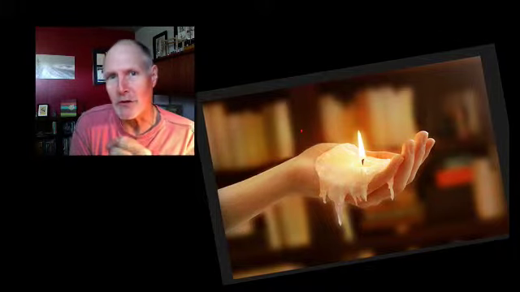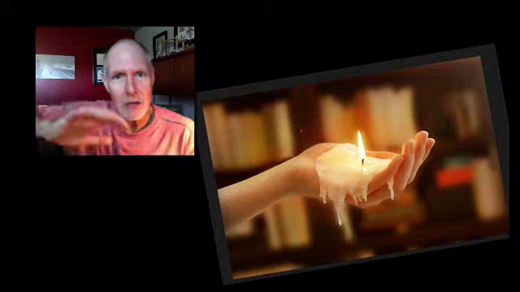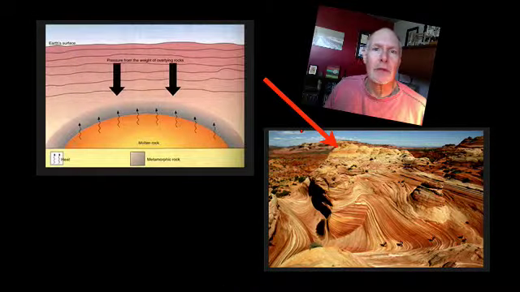You probably, if you've ever gone to a Christmas Eve candlelight service and you're sitting there in the sermon and you've got this candle and you're so excited to light it, you're holding it, you're rubbing it in your hands, and after a while it gets soft and you can start to bend it a little bit, you can push on it. That's the idea behind the heat and the pressure that is used to form a metamorphic rock. So let's take a look at another model of that.